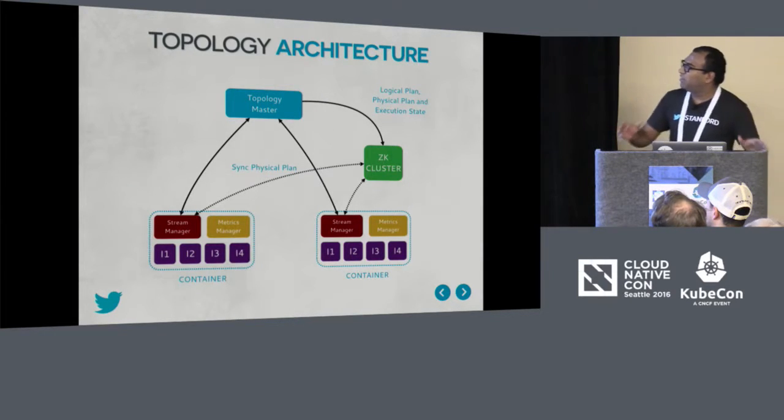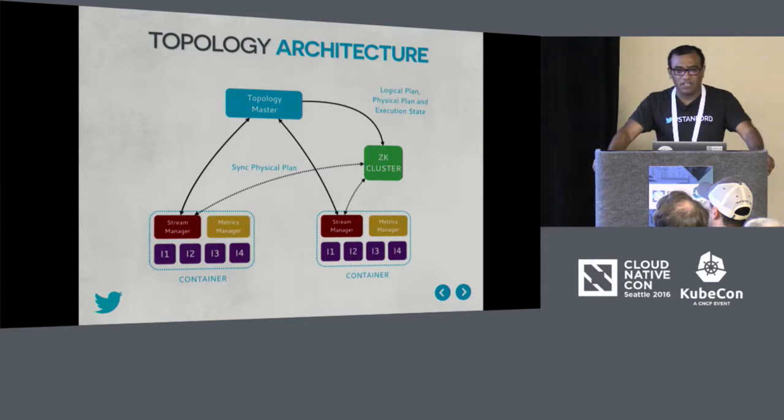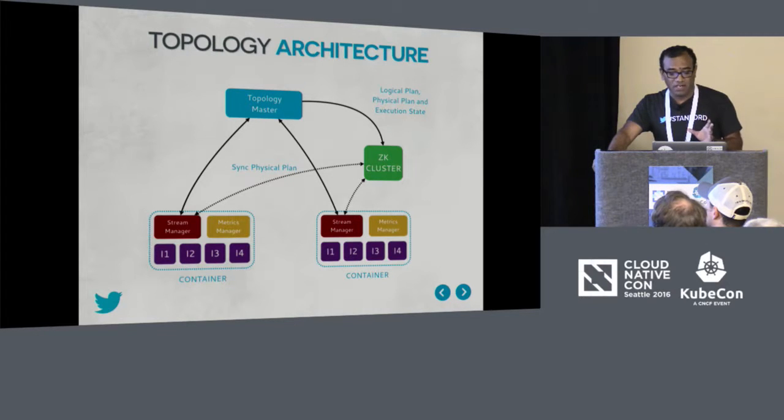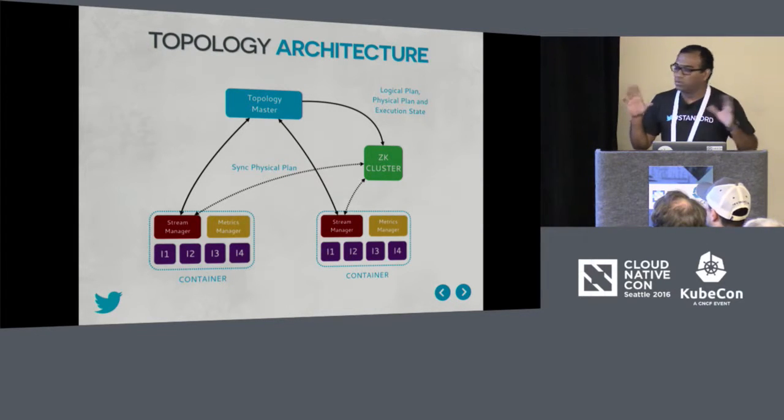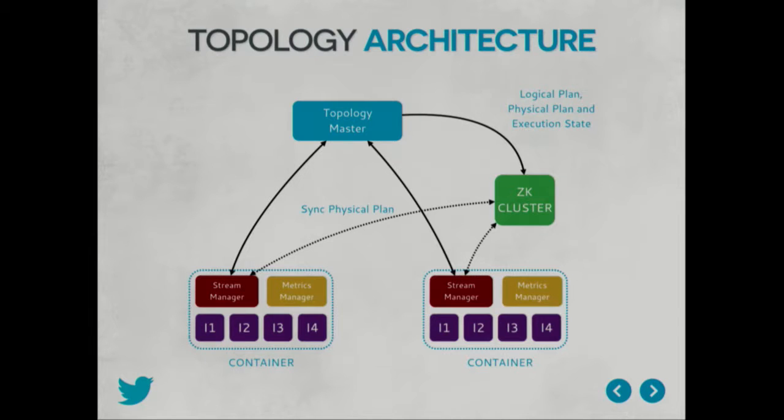Right from the start, we exploited containers quite a bit. At the container level, we isolated several containers, and at the high level there are two different kinds of containers: the master container and the data containers. The ones you see at the bottom are data containers, and the one at the top where the topology master is running is called the master container.